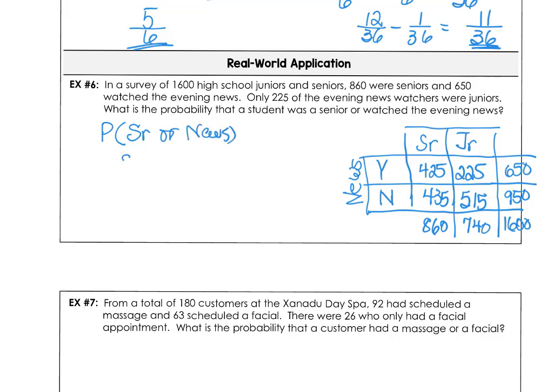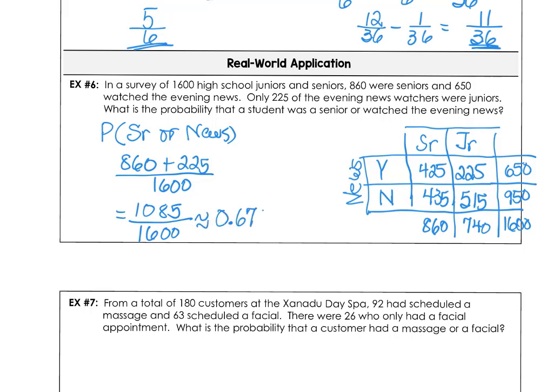So we have 860 plus 225 divided by 1600, which would give us 1085 divided by 1600 total, which is about 67.8%.